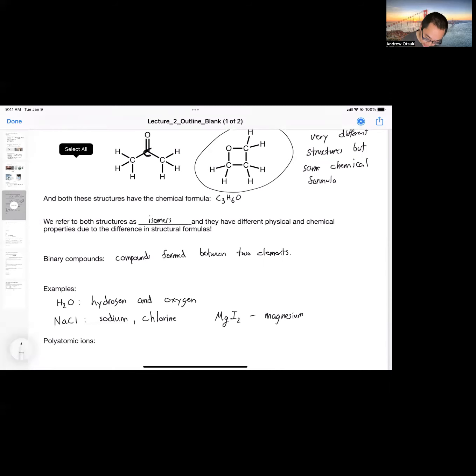All right, magnesium and iodine here, or iodine, however you want to say it. And another example for a binary covalent compound is something like SO2. Sulfur and oxygen.